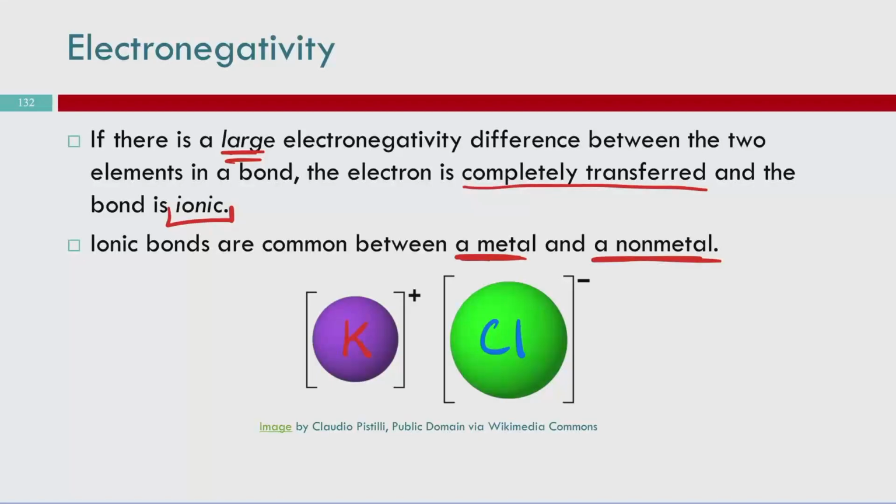Potassium is a metal, over here in our alkali metals, so it's definitely a metal. And chlorine, being a halogen, is definitely a nonmetal. So just based on their identities as a metal or a nonmetal, since they're together, we can figure out that it's an ionic compound. It's an ionic bond. Okay, so ionic compounds have ionic bonds.